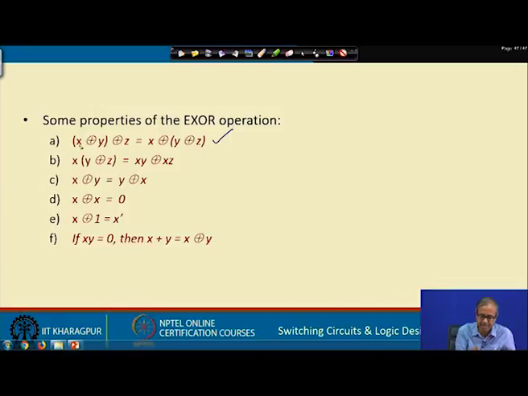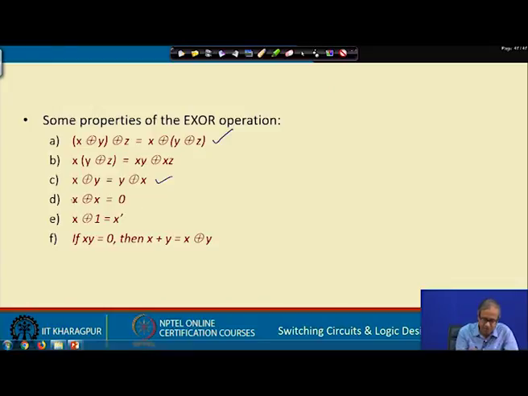So, whether you take the XOR of x and y and then XOR of z or the other way around, it does not make any difference, because ultimately XOR means whether the number of ones is odd or even. If it is odd, it will be 1. If it is even, it will be 0. The third one is also known, commutative, whether you take x XOR y or y XOR x, it means the same thing.